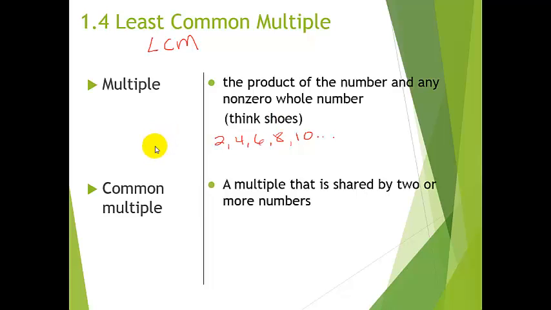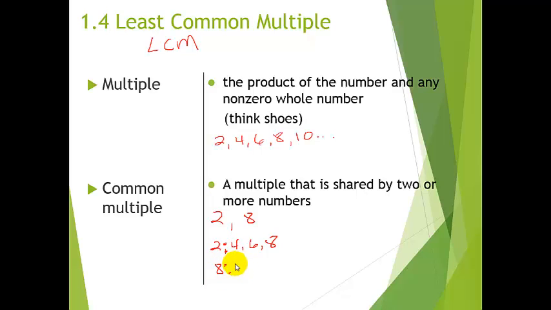So let's use the numbers 2 and 8. Then 2 has multiples of 2, 4, 6, 8. 8 has multiples of 8. I'm actually going to do these little dots right here.